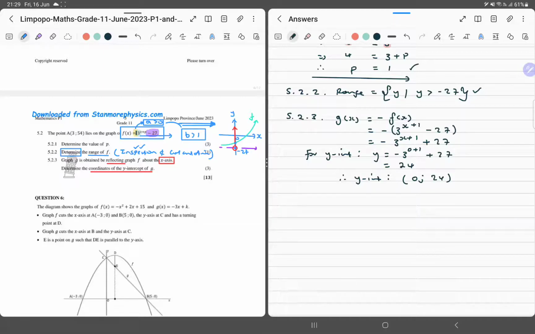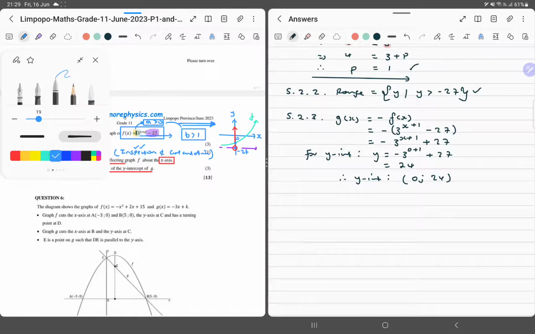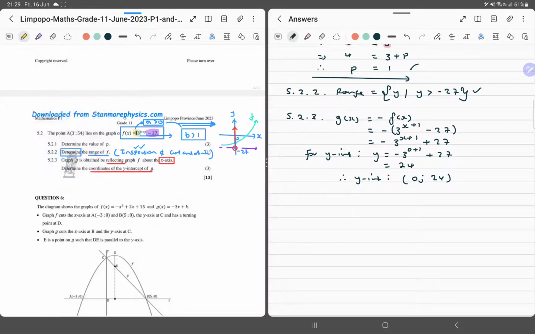Now that makes sense, because we know that, of course, when we flip this graph, it's going to flip in this manner. What can I choose? Maybe let's choose a dark blue there. When this graph flips, it's going to do stuff like this.